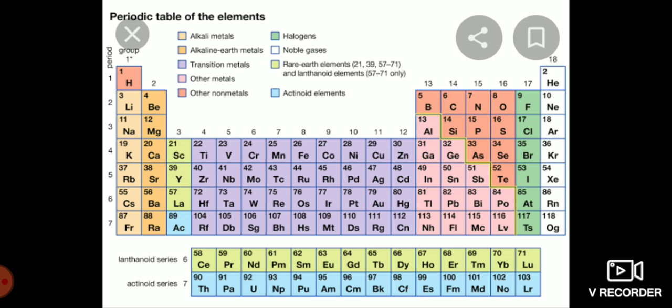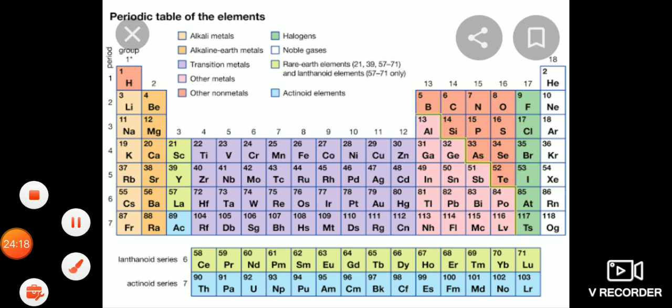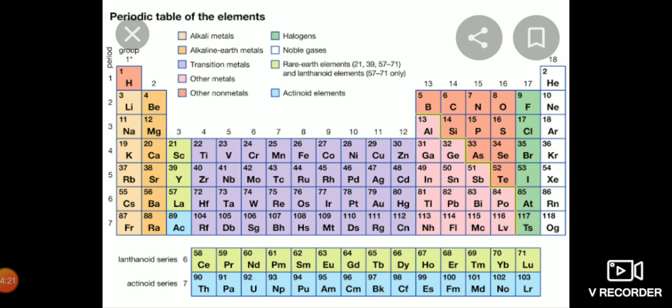The horizontal row is called a period and the vertical column is called a group. Going across the groups, hydrogen is the first group, beryllium the second, scandium the third, titanium the fourth, vanadium the fifth, chromium the sixth, manganese the seventh, iron the eighth, and cobalt the ninth group.